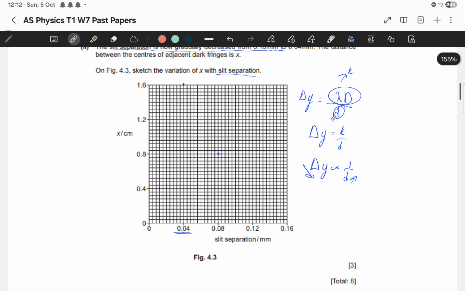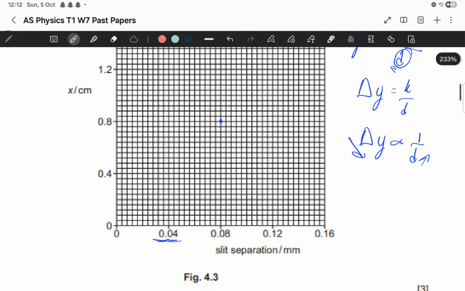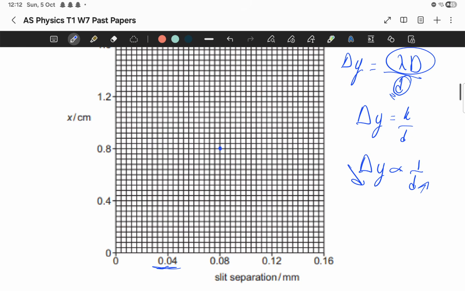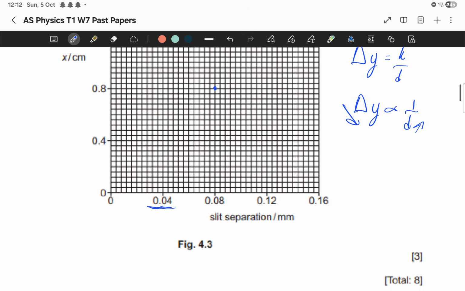And at 0.12, remember this means it got tripled, so we're going to divide delta y by 3. Go back to your original answer of 1.6. 1.6 divided by 3 gives me 0.5333. So at 0.12, it's going to give me 0.5. I'm not going to use this, I don't need it in the marking scheme. So I'll skip to 0.16: 1.6 divided by 4, because it got multiplied by 4, gives 0.4.